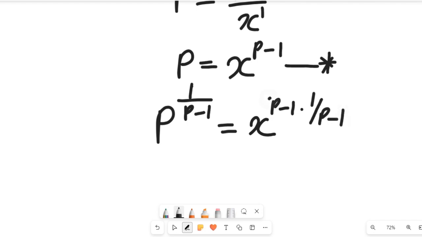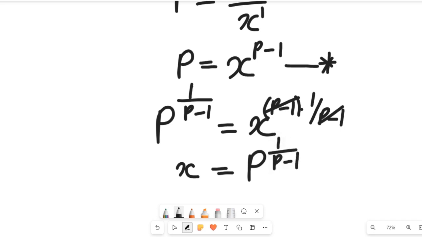So that way this can clear this, and then I'll be left with x equal to p to the power of 1 divided by p minus 1, and that gives me the value of x.